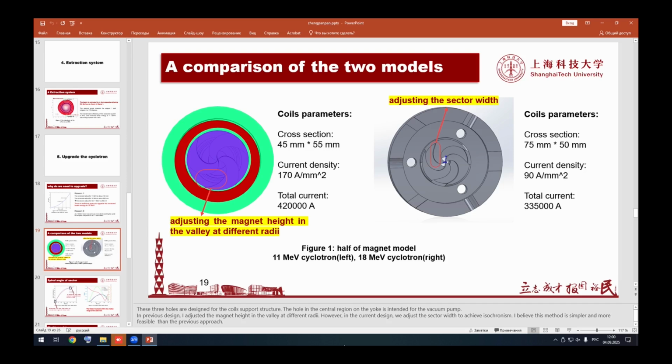The sector radius is the same, but the coil diameter is different. Okay, thank you. You're welcome.